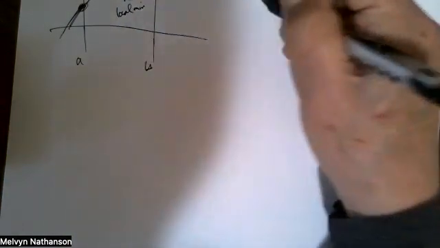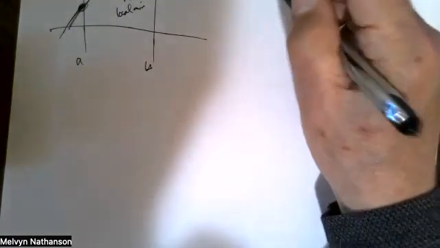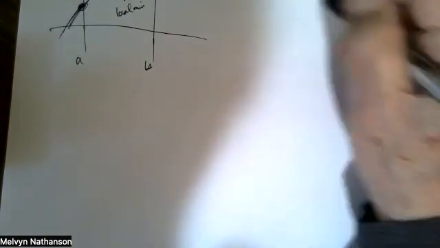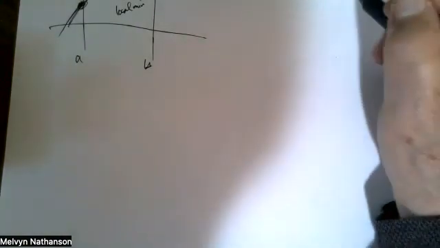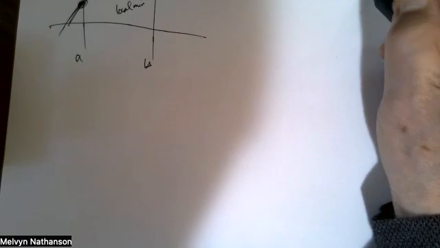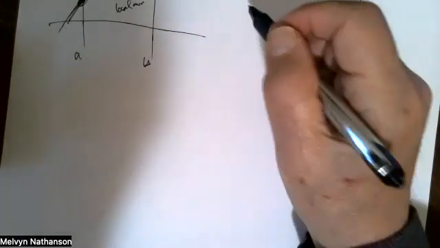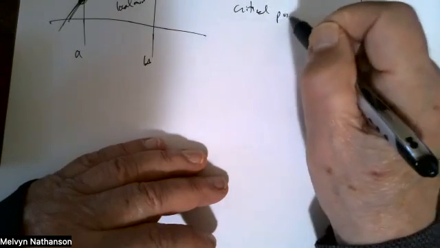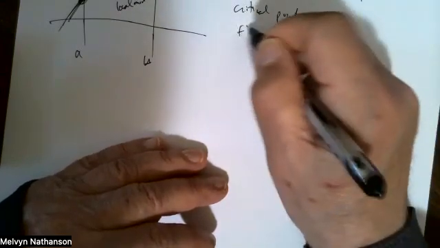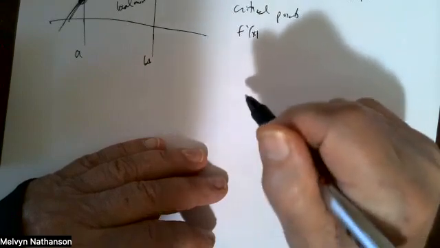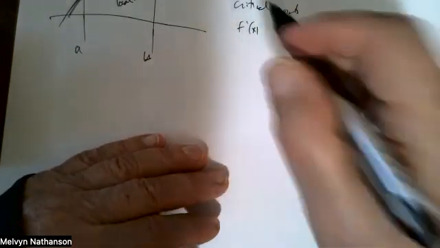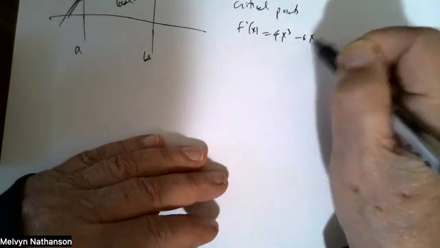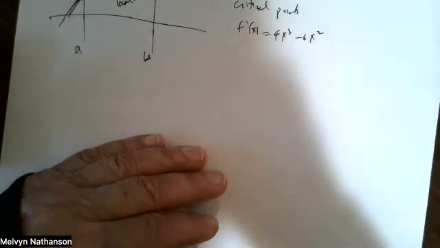Suppose I take the function f of x equals x to the 4th minus 2x cubed on the interval from -2 to 2. So what are the critical points? Those are the points where the derivative is 0. What is the derivative? F prime of x is 4x cubed minus 6x squared.